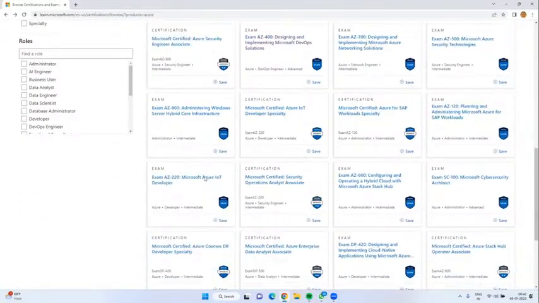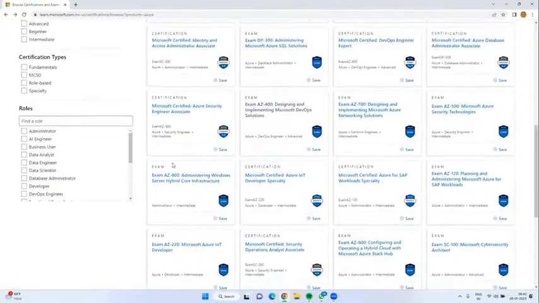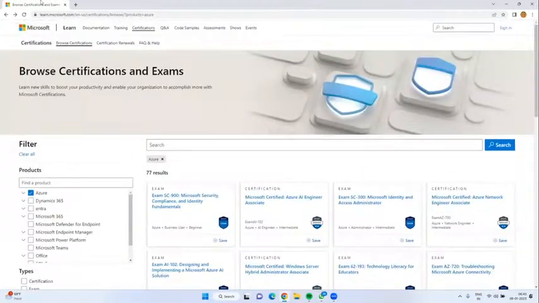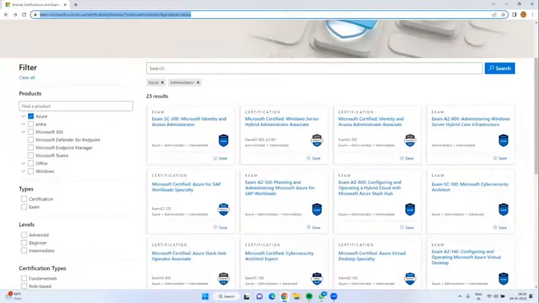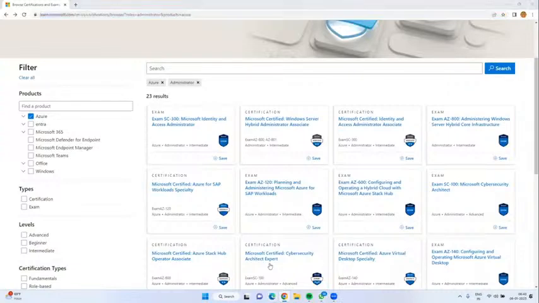This is the overview of Microsoft Azure certification papers. I will share this link, just keep it with you for your reference. This is the certification URL.